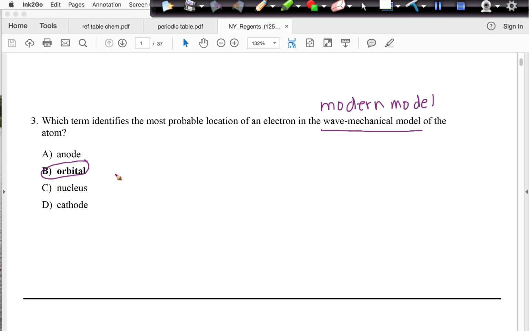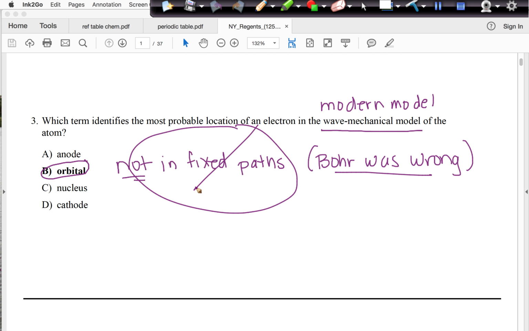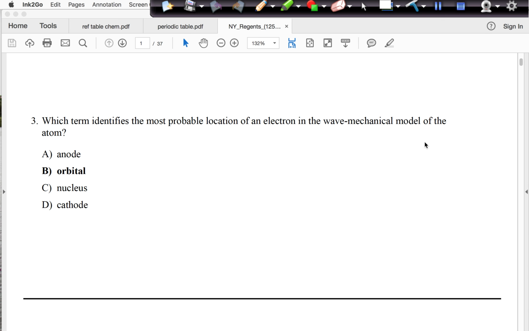We said that electrons are not moving in fixed paths, which means that this part of the Bohr model was wrong. So electrons are not in these fixed paths called orbits, but rather electrons are found in these orbitals, which are the areas of most probable location.